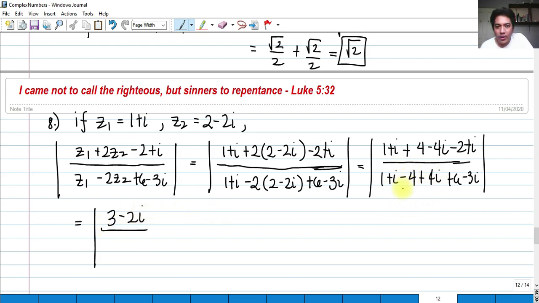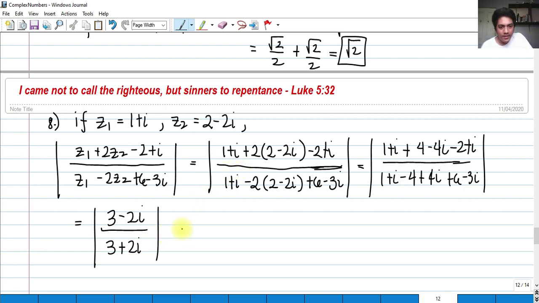And in our denominator, we have 1 minus 4, that's negative 3, plus 6, that should be 3, and then simplifying our imaginary terms here, we have i plus 4i, that's 5i minus 3i, that's plus 2i.